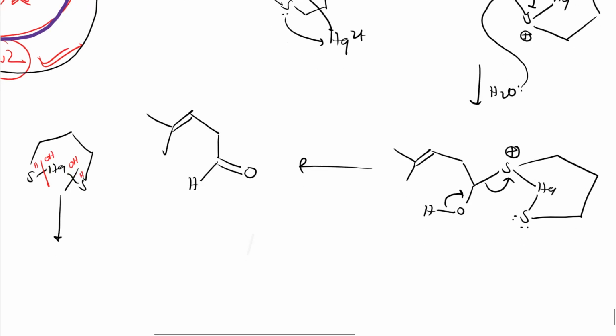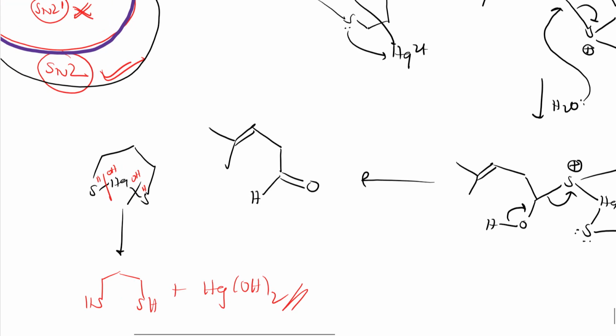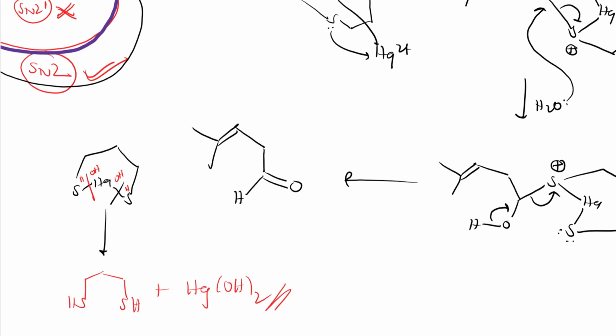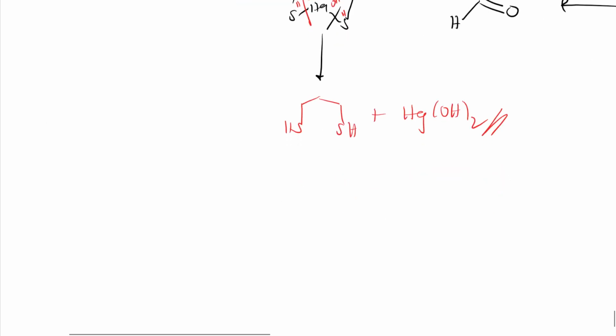So I will get this product directly, SH, Hg, OH twice, right? So this is the product I will get. So we studied this reaction. Here SN2 will be more compared to SN2 prime because of steric hindrance. In some cases when steric hindrance is not there, then there can be SN2 prime also, right?